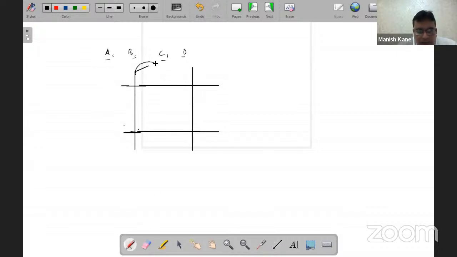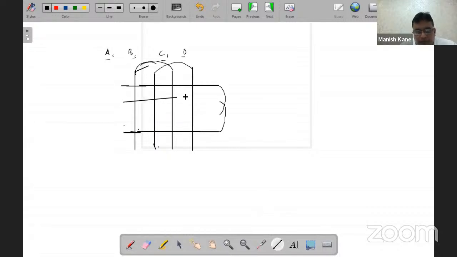So there will be a freehand diagram. So the first challenge is to be able to draw a 4-set diagram. And this is how you will draw a 4-set diagram.